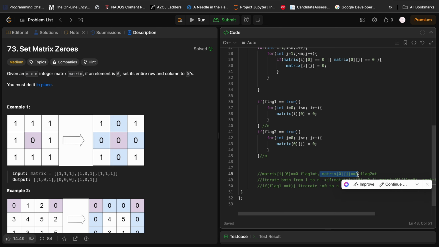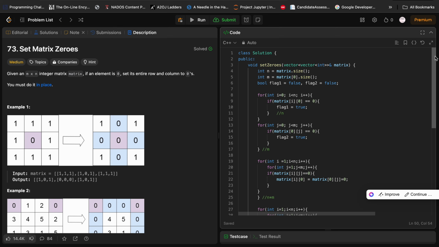Similarly, we mark it column-wise with flag 2, and then we iterate both ways from 1 to n, and check if both are 0, then we'll also mark it as 0. If even one of them is 0, then we'll mark the rows and columns accordingly. Then we'll iterate and check if the flag is set, then we'll mark them as 0. So the solution is as follows.